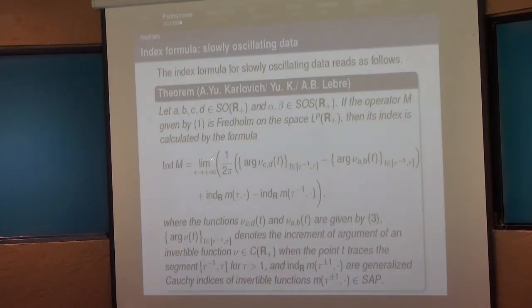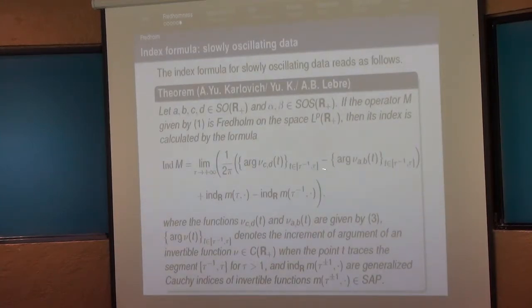In this case, we need to substitute the whole half line by such segments where tau is bigger than 1, and then calculate all the results over them. This index is calculated over the boundary of a finite rectangle, and then we consider the limit when tau tends to plus infinite.